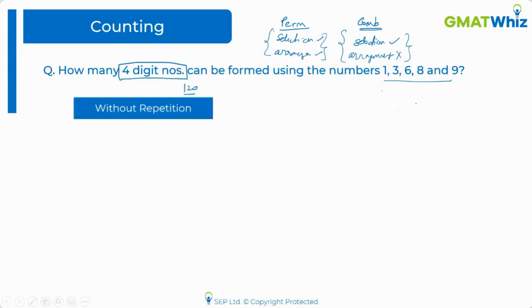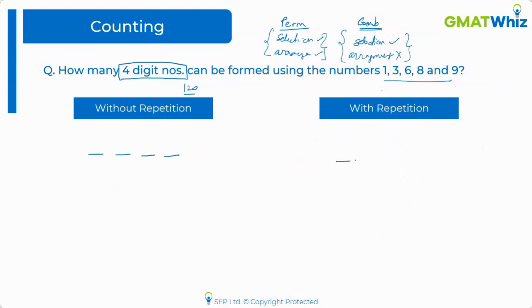As I told you, I would be solving this question just using the concept of counting and an 'and'. If I see a 4-digit number, I'm going to create 4 spaces, and I'll say to myself, I need to fill these 4 spaces: the first place, the second place, the third place, and the fourth place.